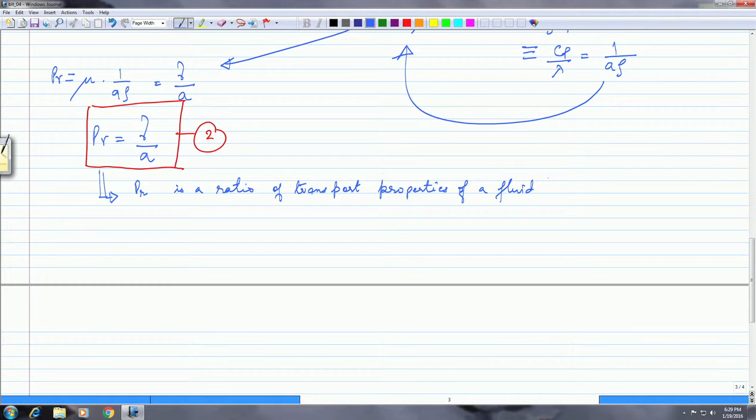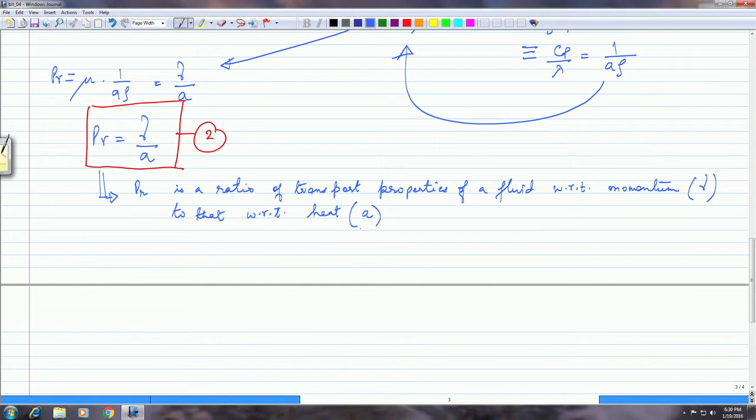So there is a transport of properties of a fluid with respect to momentum, and that happens due to the existence of kinematic viscosity, to that with respect to heat, and that is due to the thermal diffusivity.